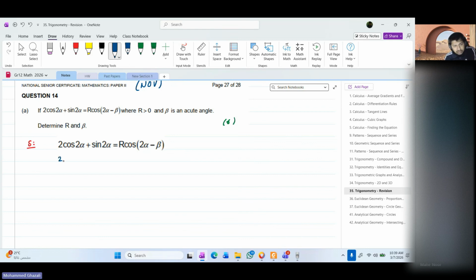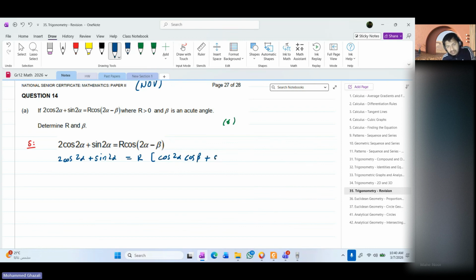Now we got 2 cos 2 alpha plus sine 2 alpha is equal to R. What is cos of 2 alpha? It's your double angle expansion, which is cos 2 alpha cos beta plus sine 2 alpha sine beta, because this is a minus, that's a plus.